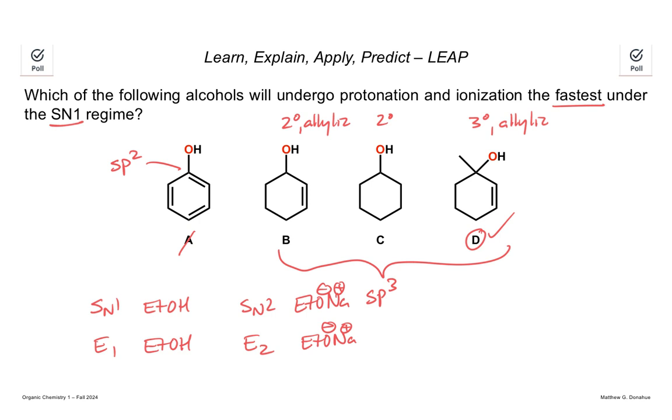And then, just as a preview, E1 and E2 form alkenes. And so that's the focus of Module 5, the chemistry of alkenes. But yes, it gets harder to figure out what is going to be the major thing.